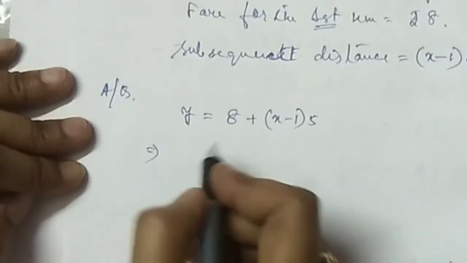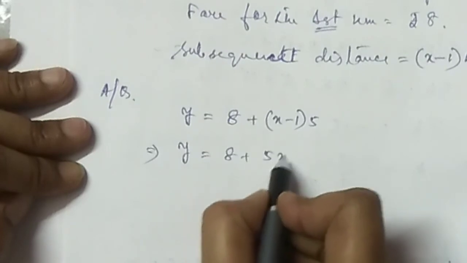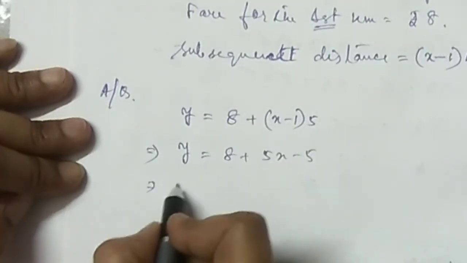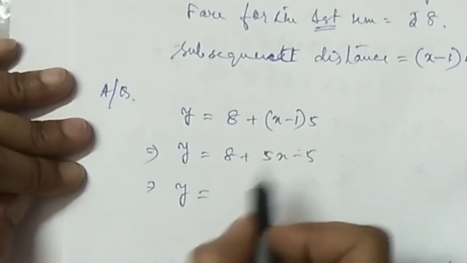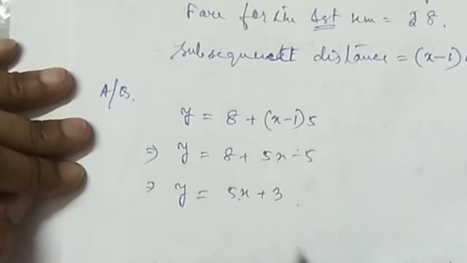Here is the equation form. 8 plus 5x minus 5. So y is equal to 5x plus 3.